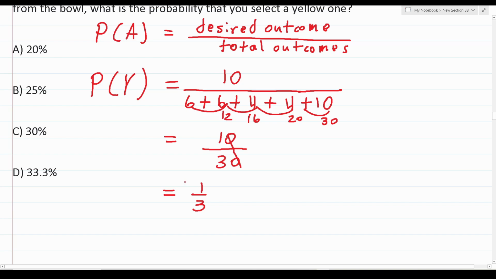And if we take a look at our answer choices, we can see they're all expressed as percents. Well, we should know that 1/3 is the same as 33.3% repeated. And that said, if you didn't know that, you can always treat this as long division by reading it as 1 divided by 3. And you ask yourself, how many times does 3 go into 1 without going over?